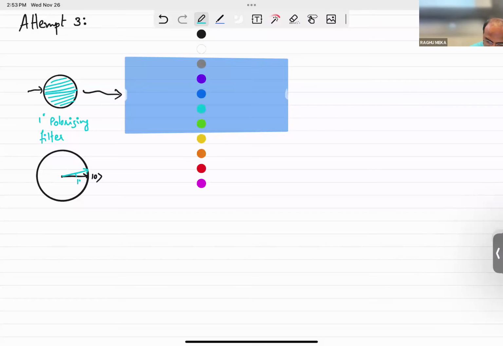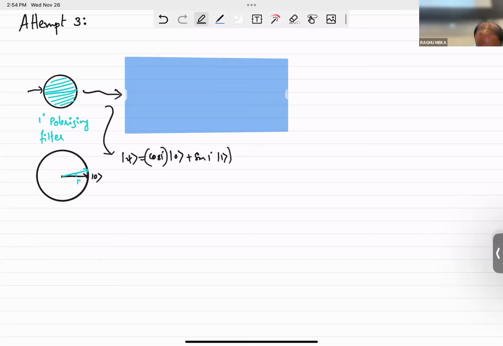Then all of the incoming light is cosine 1 degree times 0 plus sine 1 degree times 1. So this is what I'm sending through, and then let's see what happens in the end.